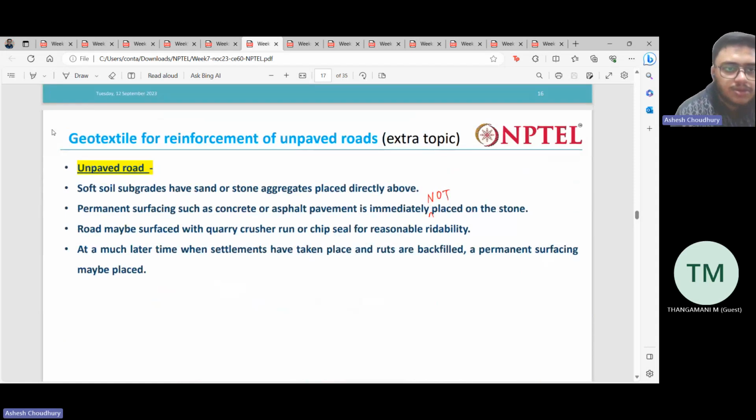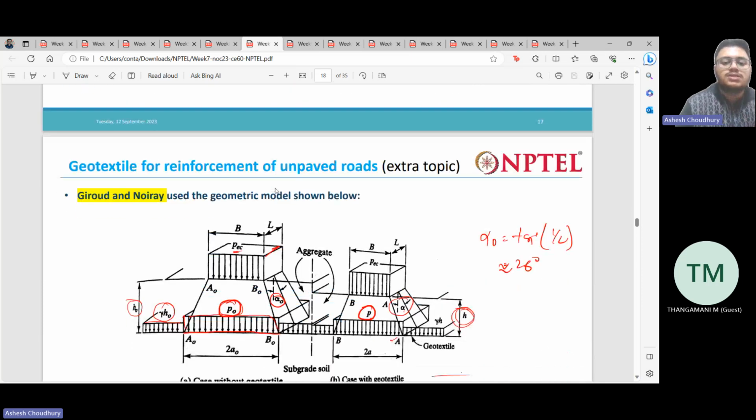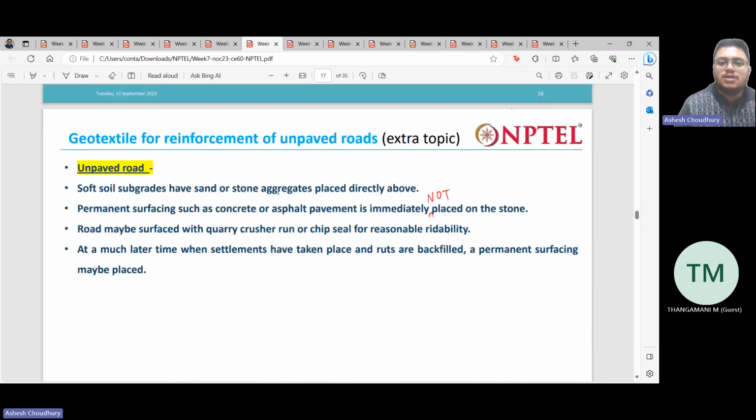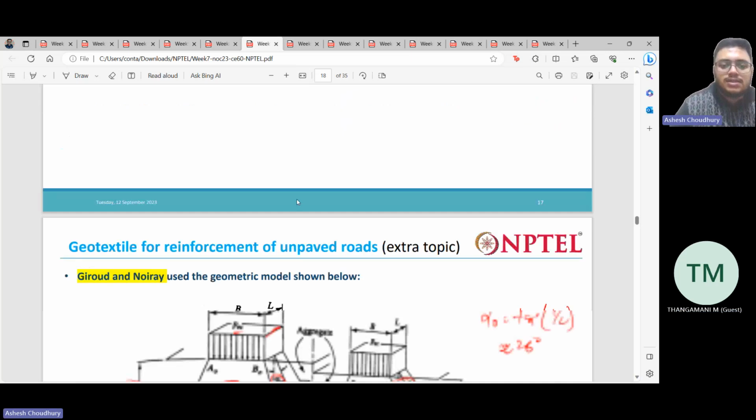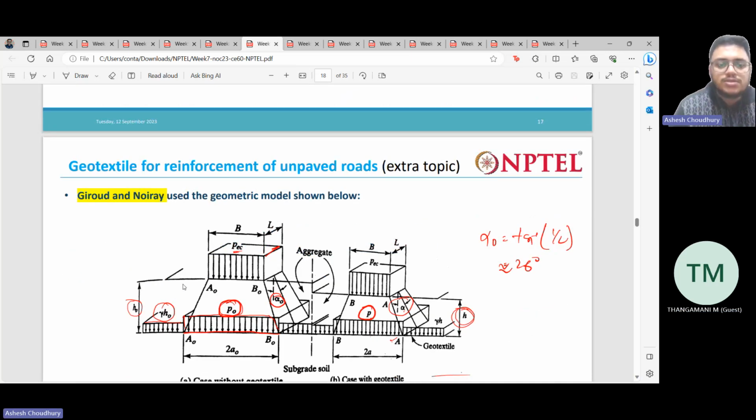Then I discussed one extra topic regarding unpaved roads. This is also related to sustainability. If you construct an unpaved road without any geosynthetic, the thickness of the aggregates that you need to provide is quite high.